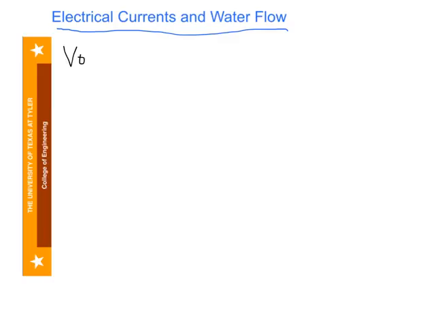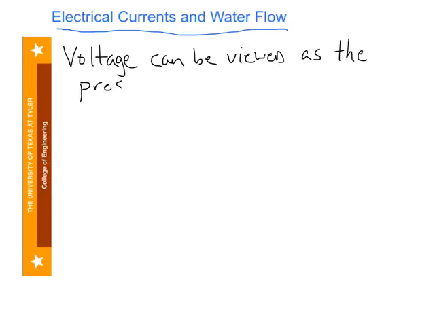And voltage, by analogy, can be viewed as the pressure that drives the flow of charge, rather than in water pipes, where it's the water pressure that drives the flow of water. So it drives the flow of charge.